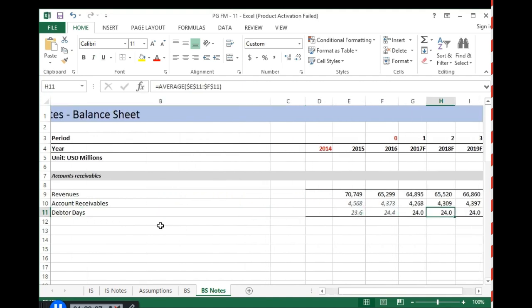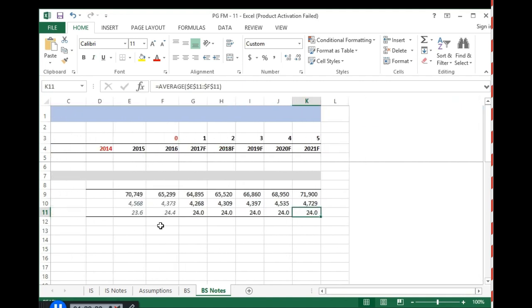Once I have forecasted debtor days, based on this debtor days forecast and this revenue forecast, I can forecast account receivable. How?